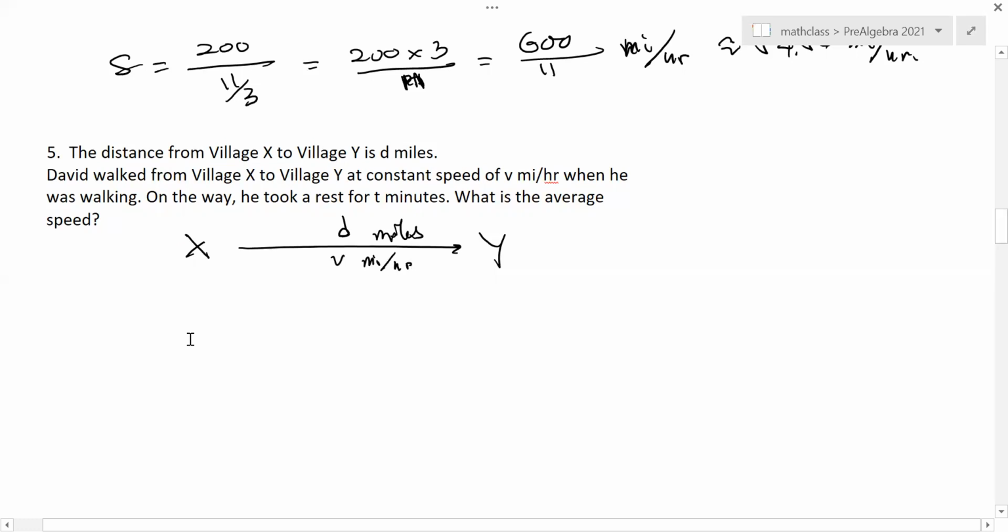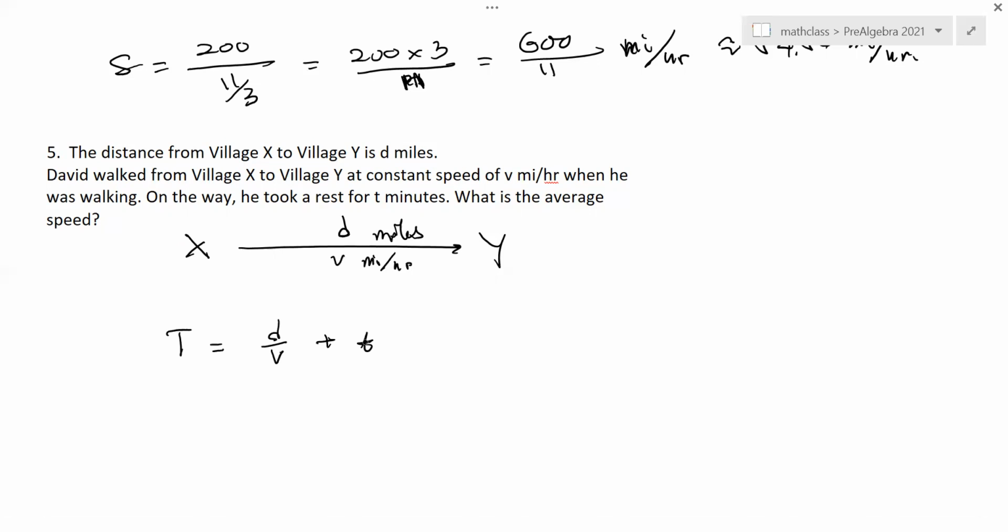That is the time he's going to spend on the road without the stop. But now he took a rest, so he had to add t minutes. That's the total time he spent.